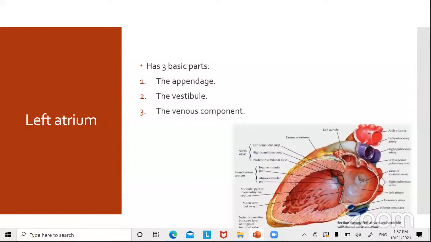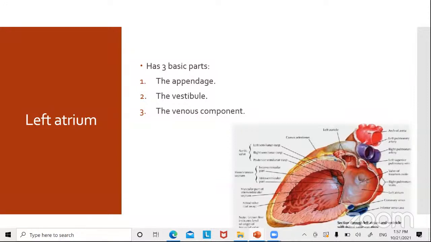There is an important difference between the relationship of the appendage and the vestibule between the left and right atrium. In the right atrium, as I mentioned, the pectinate muscle within the atrial appendage extends around the parietal margin of the vestibule. In contrast, in the left atrium, the pectinate muscles are located almost exclusively within the appendage.